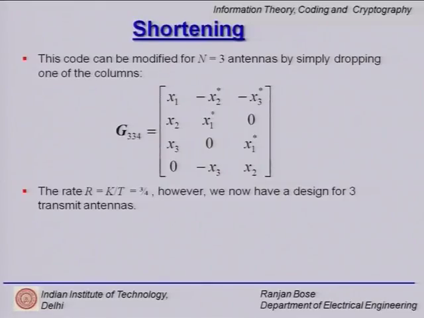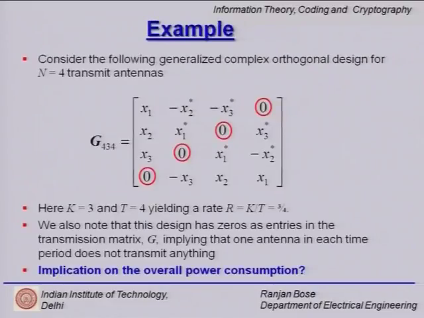So, we look at the earlier example here, and we are curious to see what happens to this code when you simply drop the last column. Okay? We would like to say that instead of using 4 transmit antennas, we would only use 3 transmit antennas.